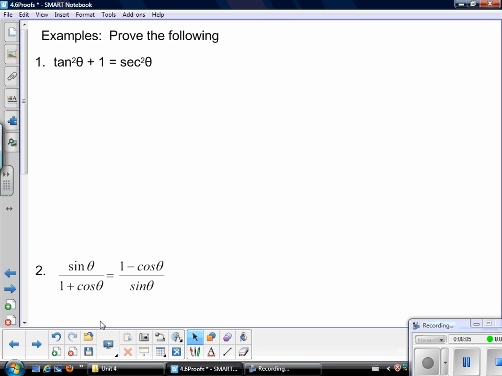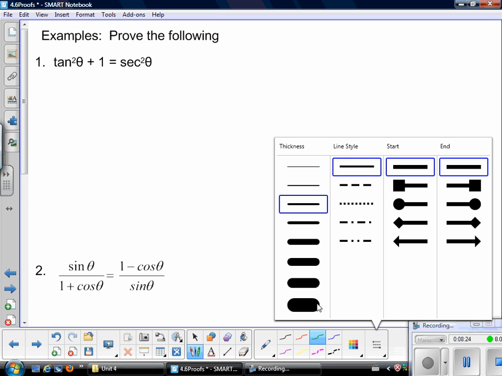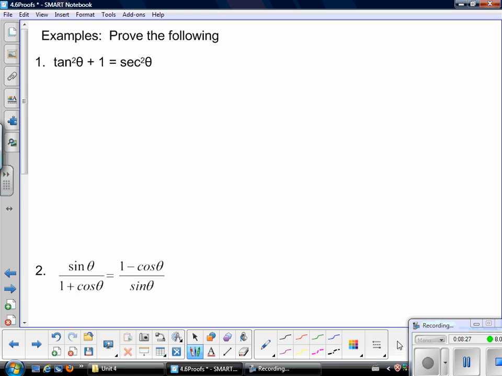Actually, I have more than a couple. First of all, I have tan squared theta plus 1 equals secant squared theta. When I look at this, I have to decide what side I think is the most complicated. Sometimes it's harder to determine, and it doesn't really matter which side you choose.